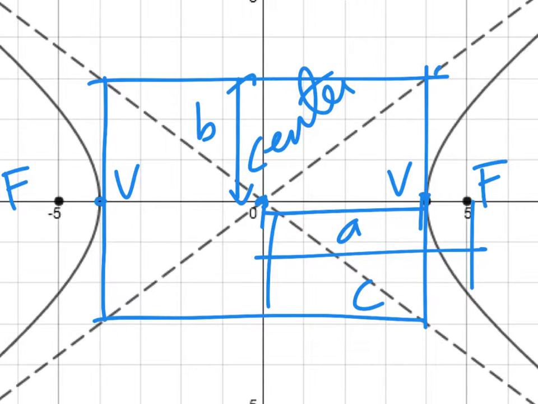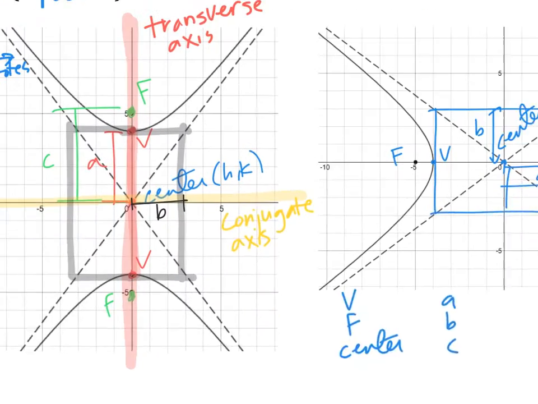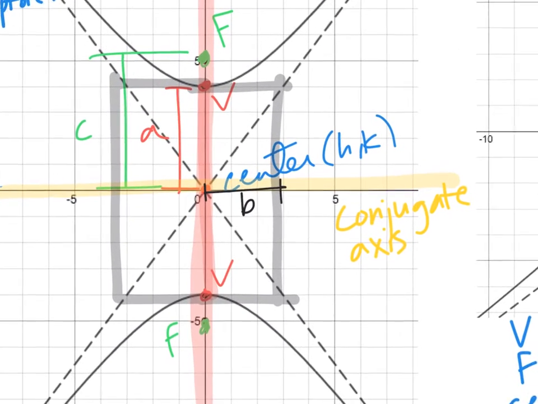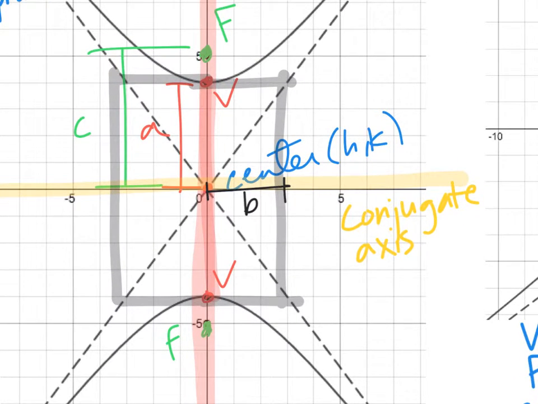Okay, we are going to do the same thing we did before with some detective work to figure out where all the points are. So it's going to be a little bit tricky for hyperbola, but I think you guys can do it. Let's start from the center again. From the center, how do I go to this vertex, this one on the top?